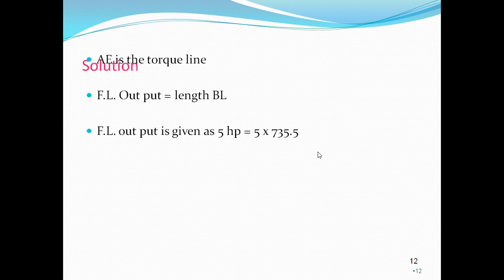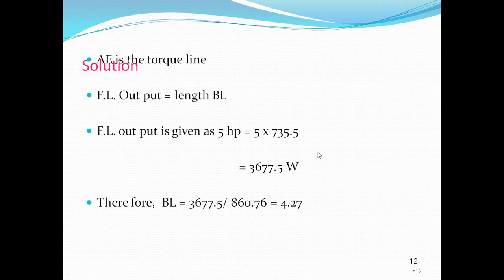So we have the full load output. That is 5 HP, equal to 5 into 735.5, which is 3677.5 watts. Which is nothing but BL. So BL is equal to that power divided by the power scale. What is the power scale? Power scale is 860.